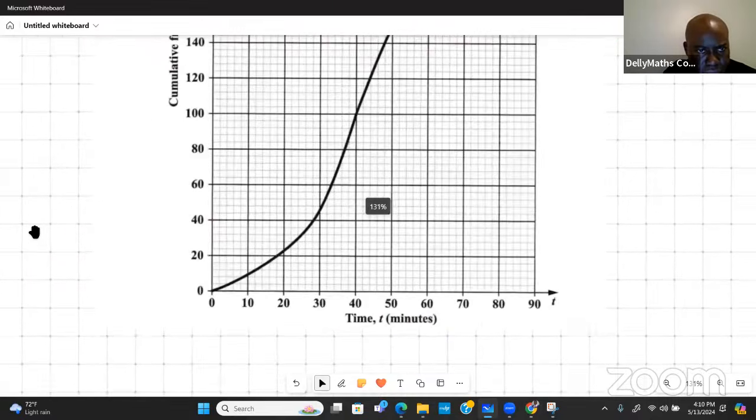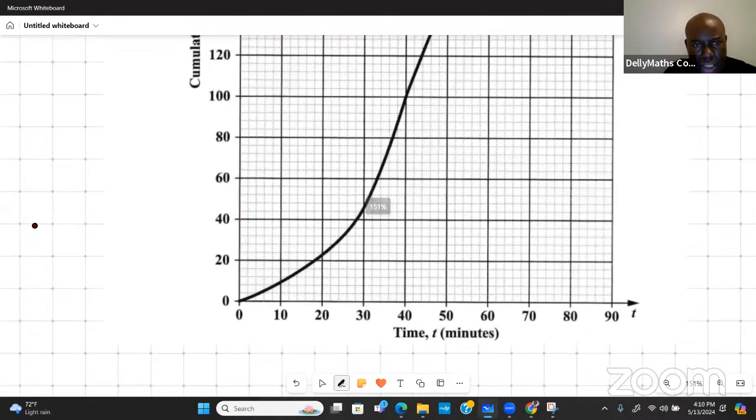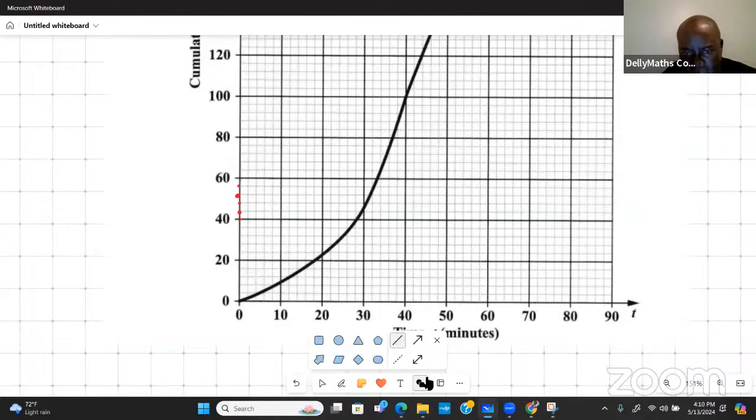Remember though that we're going up by 4, so this is 40, 44, 48, this is 52, this is 56. So it's between 52 and 56. I'm going to draw the line between that. It's not 56, it's just a little below 56, basically.